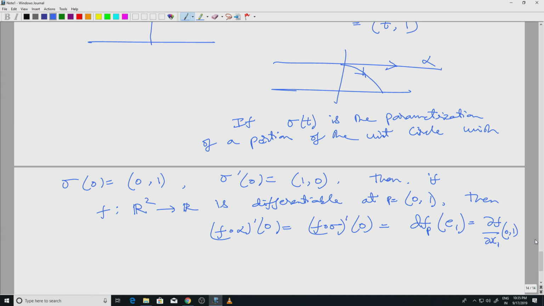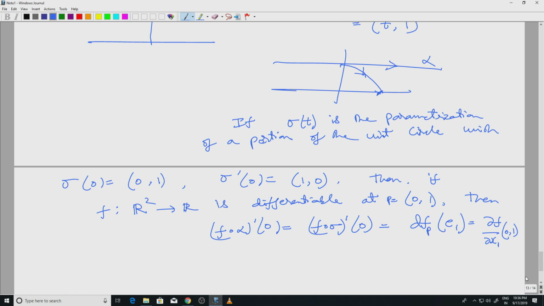However, it would go in the wrong direction. Moreover, at t equals 0, it will start at this point rather than here. So one has to modify the cos t, sin t a bit, and then one gets an equation for sigma of t. All right, so that takes care of this.